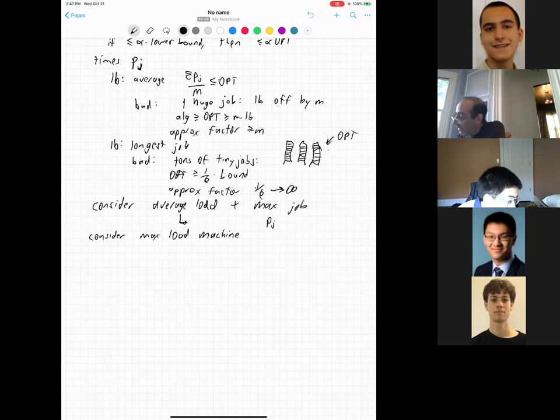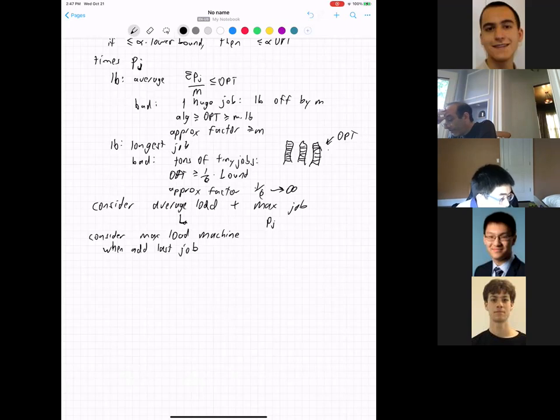And in particular, let's consider what happens when I add the last job, the one that takes it to the maximum load. What can I say about this machine with respect to our lower bounds when I add the last job?